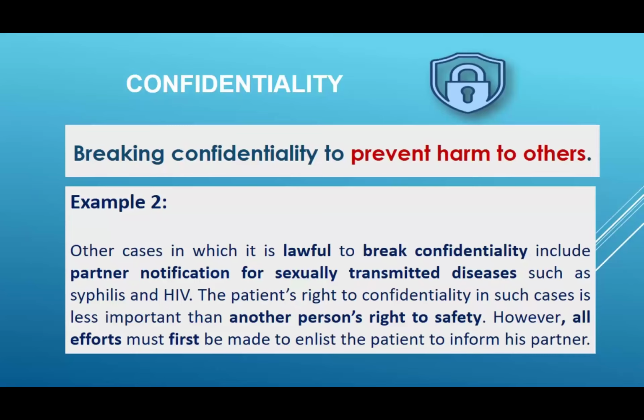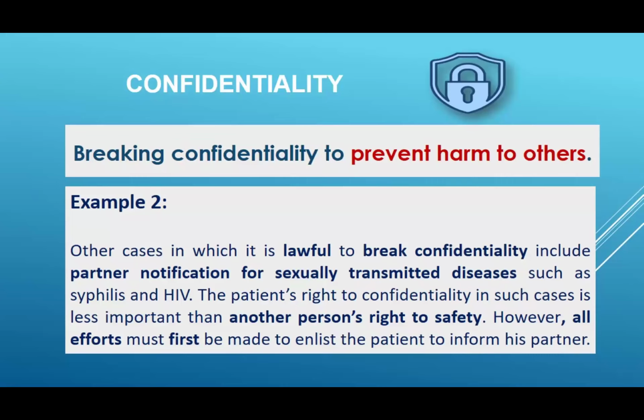If you have a patient with HIV refusing to notify or to tell his partner, you have the authority and you have the legal immunity to tell his partner. The patient's right to confidentiality in such cases is less important than another person's right to safety.